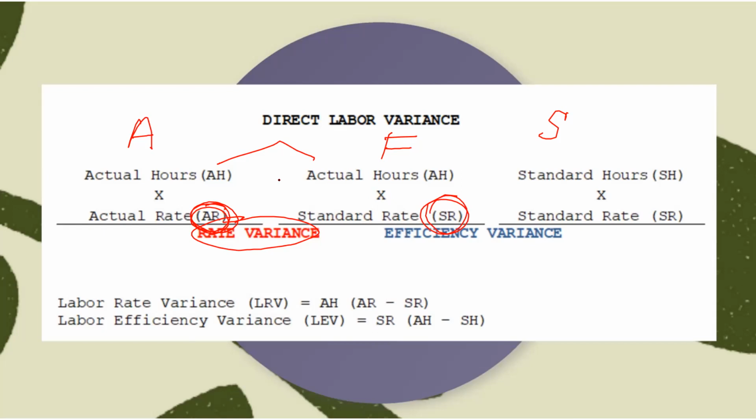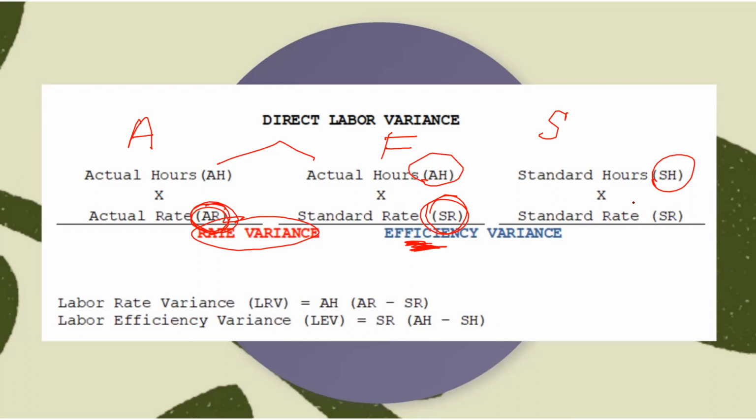How about efficiency? You are comparing how good is our performance or is the performance of the labor force, no? Mabilis ba silang gumawa or mabagal? What are you looking at? You are now looking at the actual hours versus the standard or the should be hours used, no, when doing the production or when doing the labor.